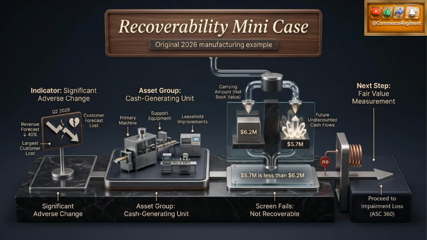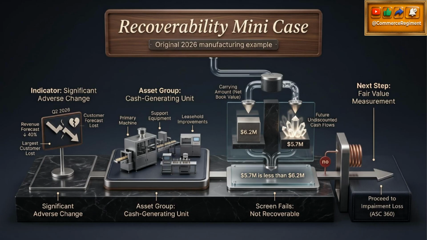Now, let us apply the screening workflow to the 2026 packaging line case. The line loses its largest customer in Q2, reducing projected revenue by 40%. That is a significant adverse business change and creates a possible loss pattern signal. The asset group is the packaging line because it has largely independent cash flows and includes the primary packaging machine, support equipment, and related leasehold improvements.